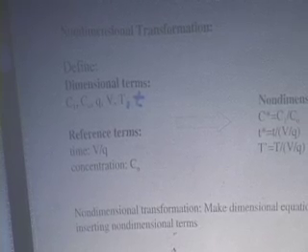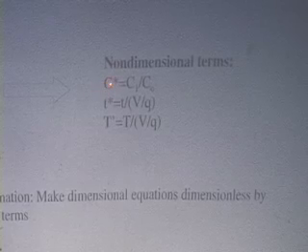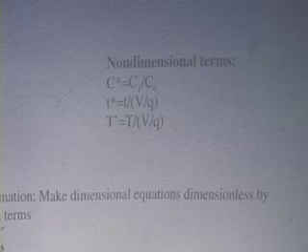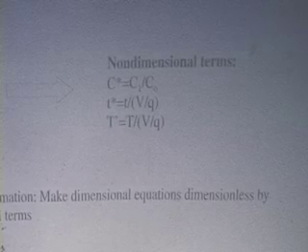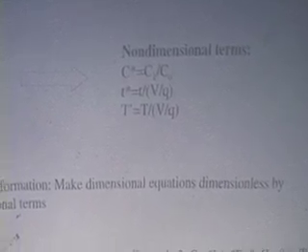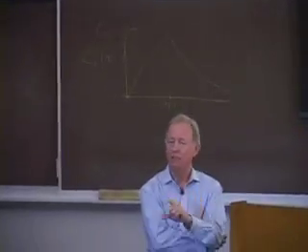Okay, here's the key. To make something dimensionless, if I want to make concentration dimensionless, I would have to divide it by something that has units of concentration to give me something here I'll call C star, which has no dimensions. And so the question is what constants do I have in my problem that I can look to normalize my dependent and independent variables?